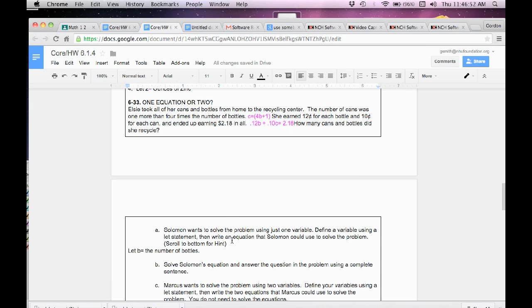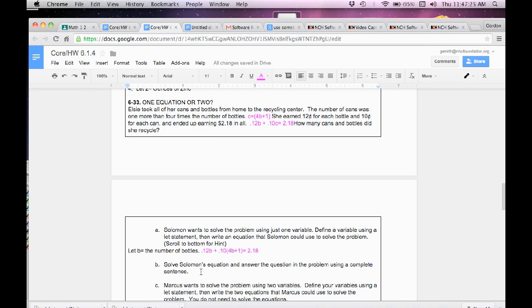So I will substitute: 0.12B plus 0.10, but instead of using C, I'm going to use what I know for C, which is 4B plus 1. And that's going to be equal to 2.18. All right, because 12 cents per bottle plus 10 cents per can is equal to $2.18.